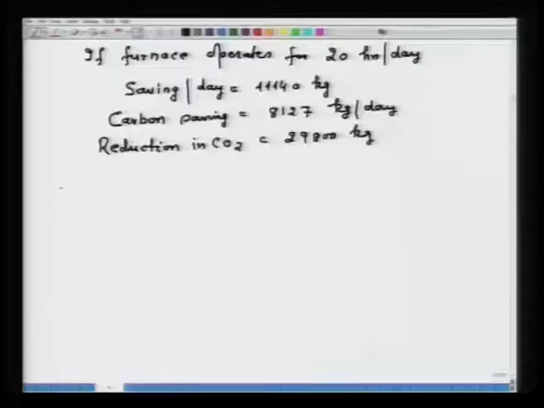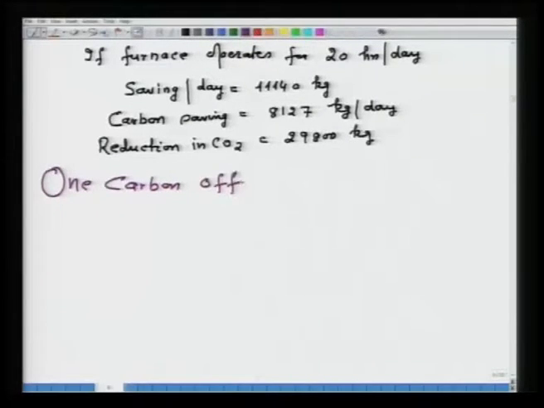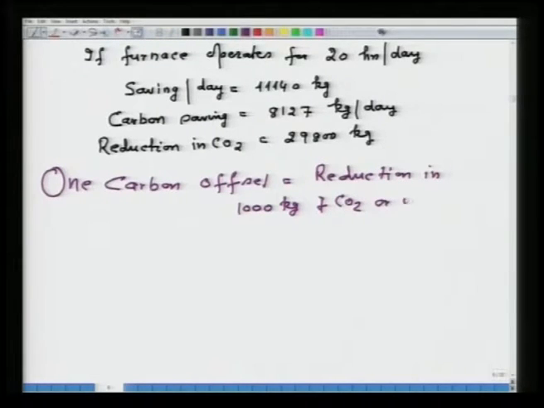So, for this say one carbon offset is equal to reduction in 1000 kg of CO2 or its equivalent.